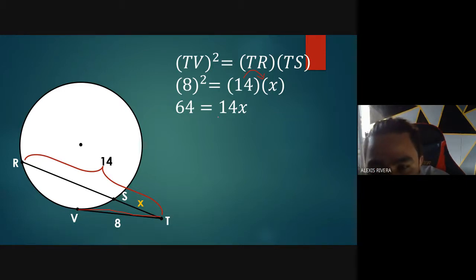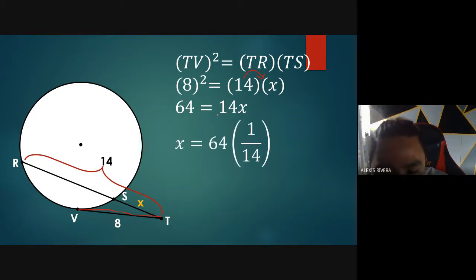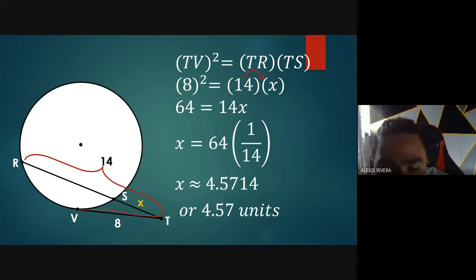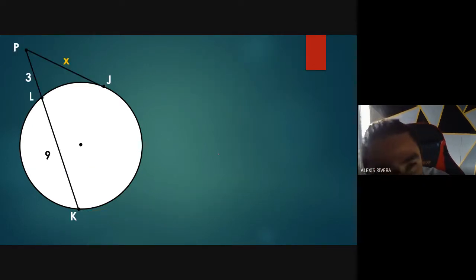And after that, divide sa 14 or times sa 1 over 14. And we will have 4.5714, or round it off to 2 decimal places, we have 4.57 units. Okay. Simple lang, no? Last one.